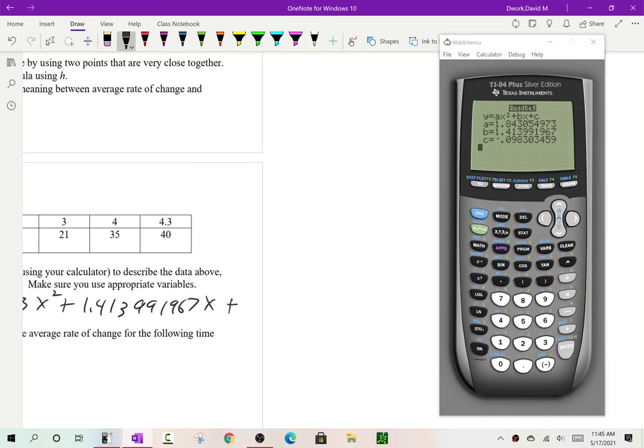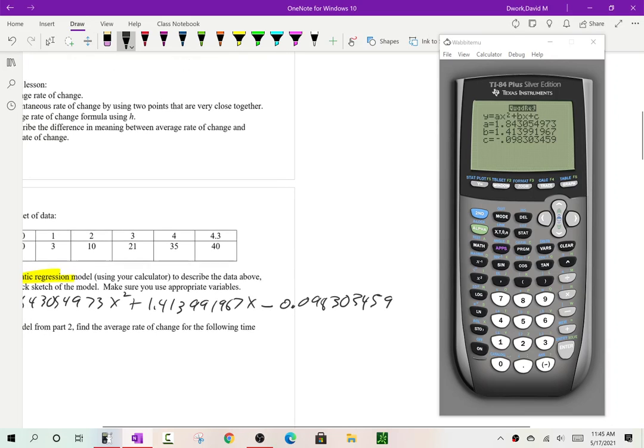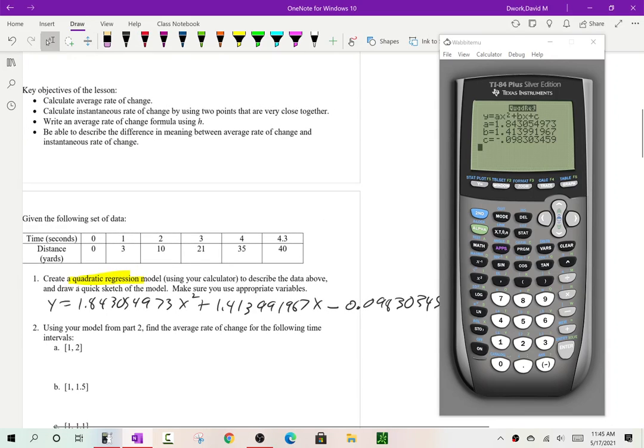Oh, but notice it's a minus sign, so we're just going to change that to minus 0.09830345. So you'll see that is our regression that we're going to be using. Okay, fantastic. Now we have a model, right?